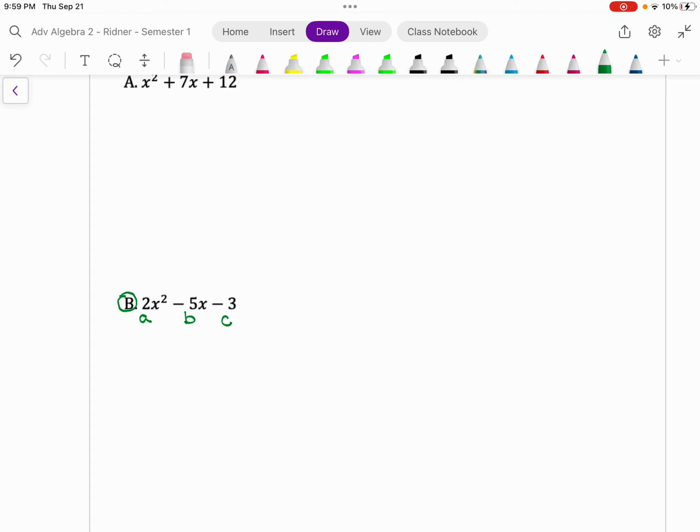We're going to do what I usually call the split the middle term. You do A times C, which is 2 times -3, which is -6. Then think about all the things that multiply to get -6.